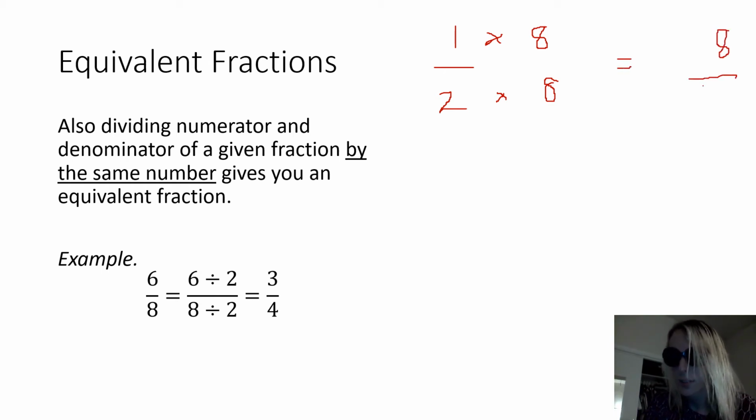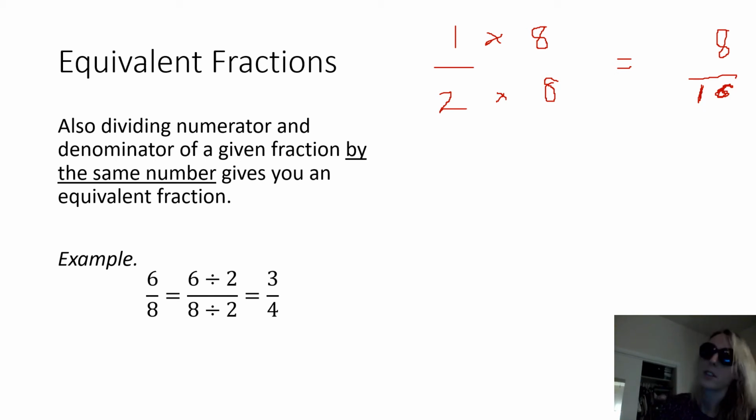For example, trying to draw with my trackpad here, 8/16. For example, 1/2, multiply numerator and denominator by 8, you get 8/16, very poorly drawn. And this is always true. Take a fraction, multiply numerator and denominator by any number, you get an equivalent fraction.